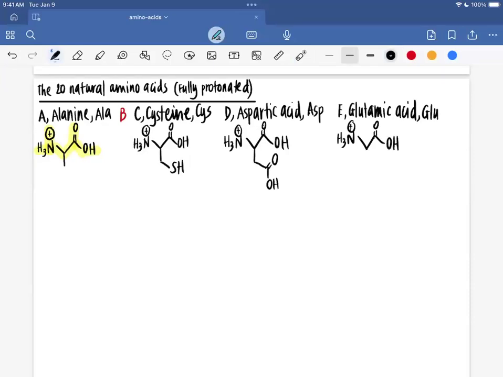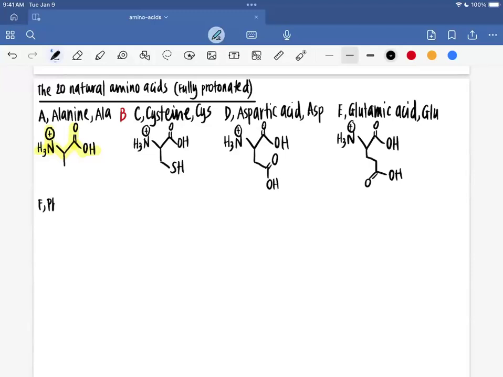So I've just put up the backbone. And so we have the alpha carbon, beta carbon, gamma carbon, and at the delta carbon is where we see the carboxylic acid. You may be looking at these structures and saying aspartic acid and glutamic acid look really similar. But the key difference here is that we have one more CH2 in glutamic acid than we do in aspartic acid.